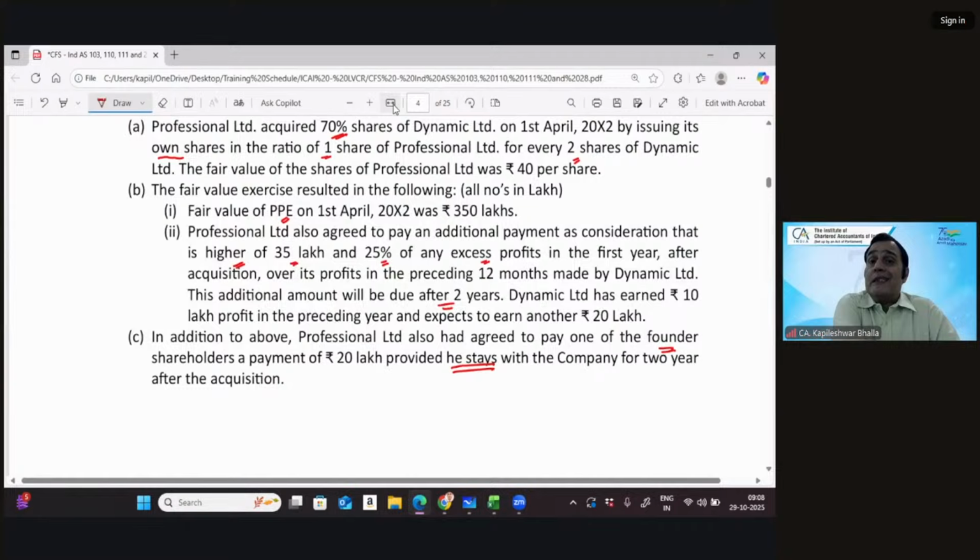So is this a CCE or a CCS? Yes, it is going to be a CCE because there is a condition as far as future employment is concerned. Since there is a condition of future employment, in this particular case, it becomes a CCE. Let's go further.